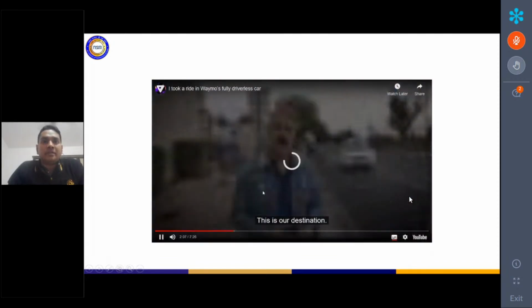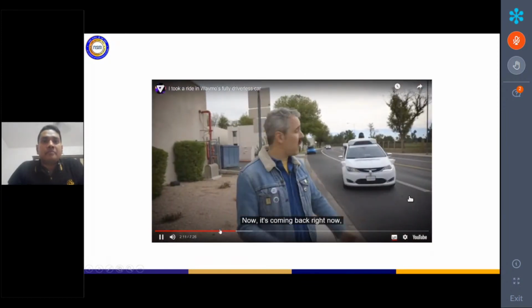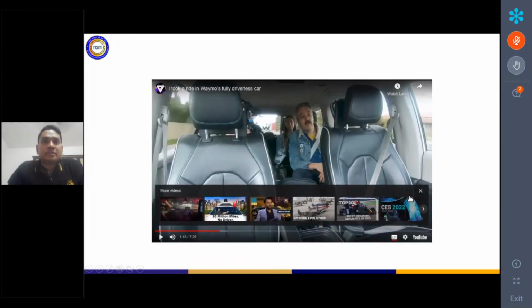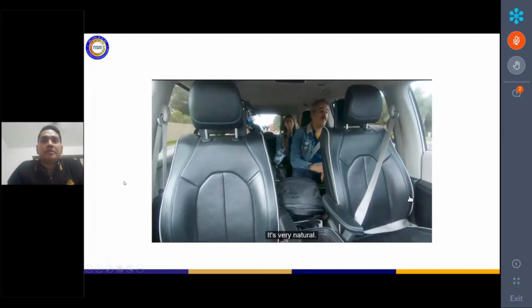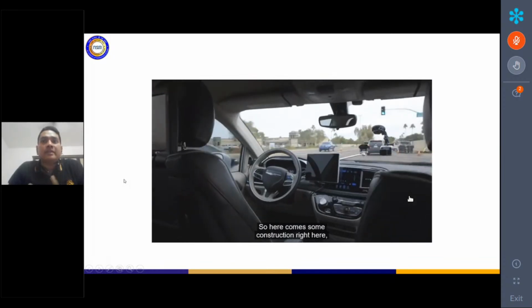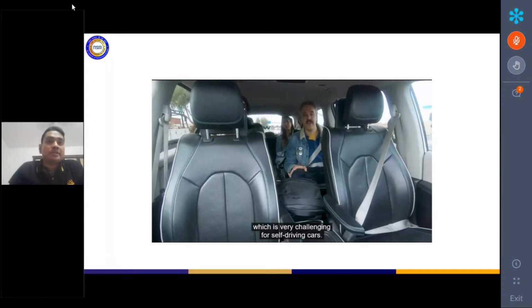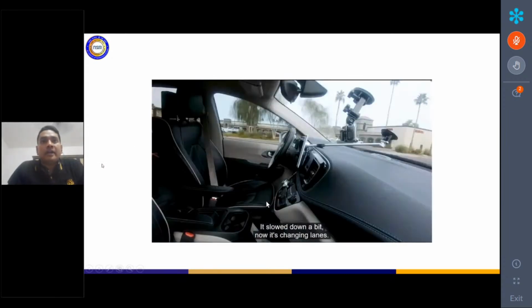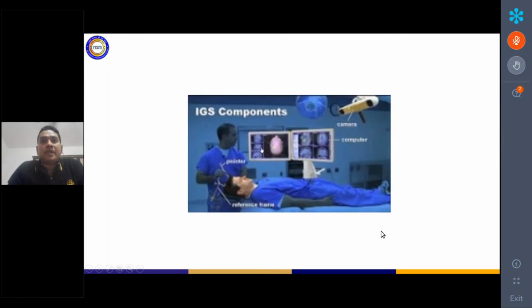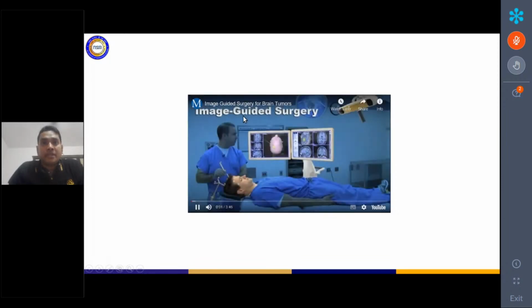Again, another application, of course, which everybody knows nowadays, is automated cars, basically self-driving vehicles. If you see different applications of computer vision and deep learning, this is the most intense use of artificial intelligence in terms of application nowadays. Again, you have AI applications in the area of medical imaging and automated operations.